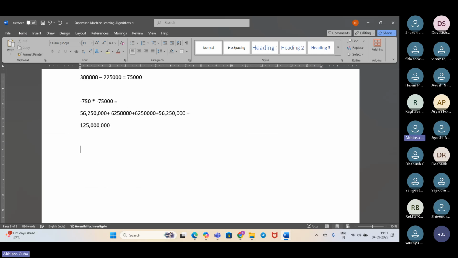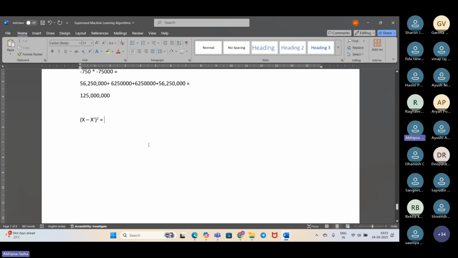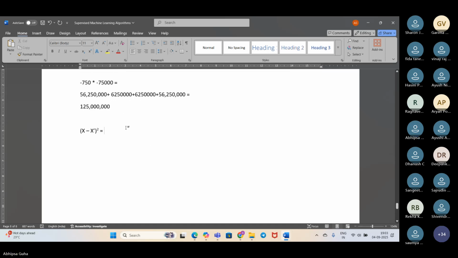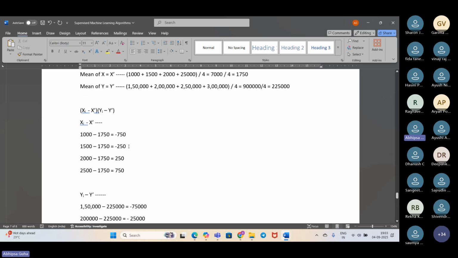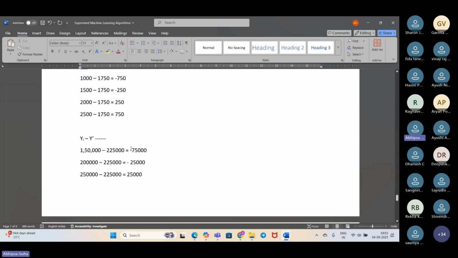For the first, 750 into 750 is 562500. Next, 250 into 250 is 625, and there would be two zeros.